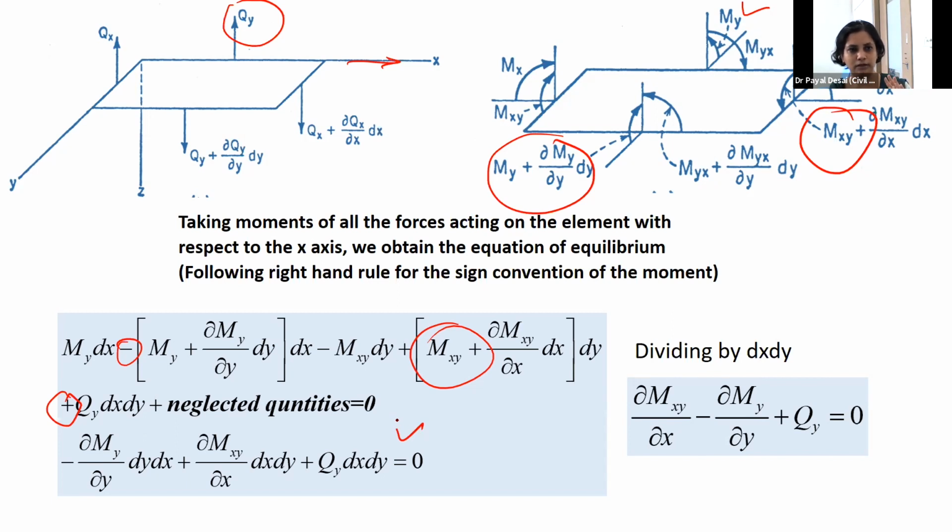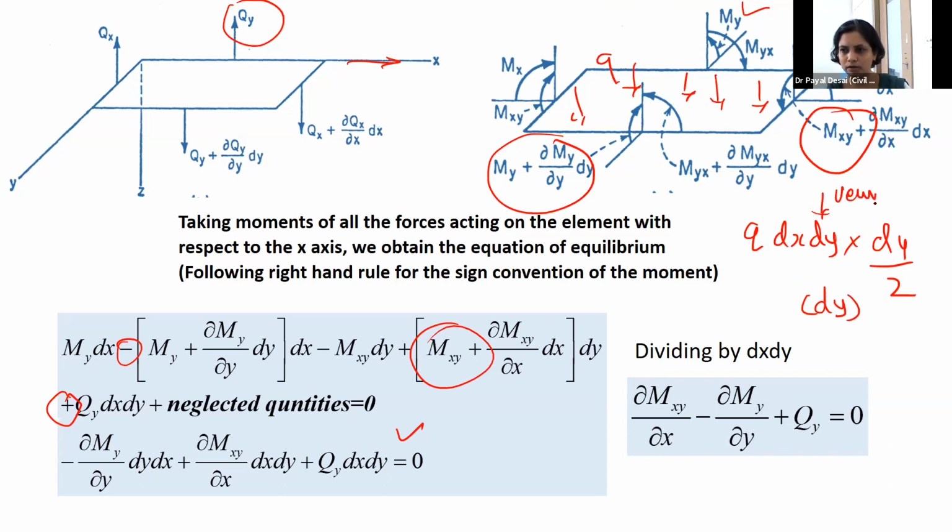I am getting it. Now what about loading? Somebody may ask, okay, I have the loading also in the transverse direction. But if you see the moment due to loading, it will be q into dx dy, and then you further multiply by dy by 2 for the moment about the x-axis, and it becomes even smaller. This is already very small, less than 1, then dy square is even lesser than that.